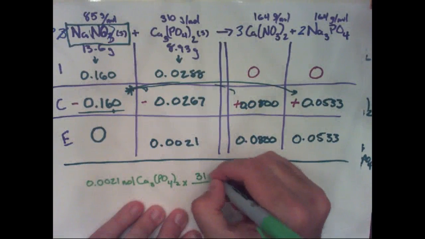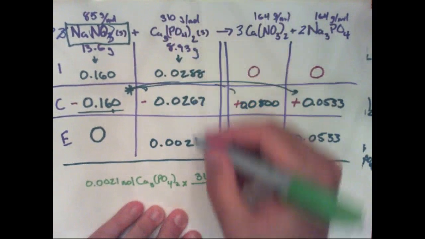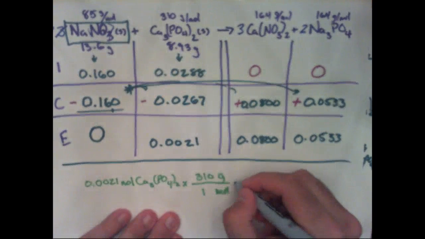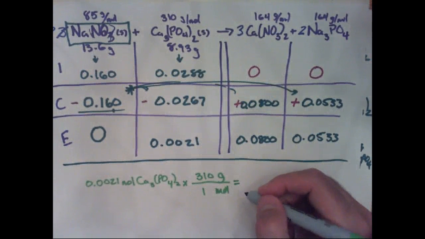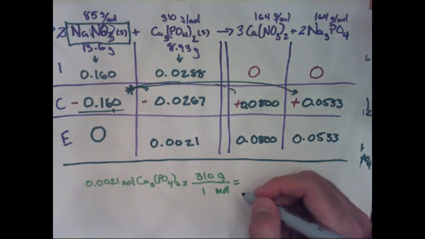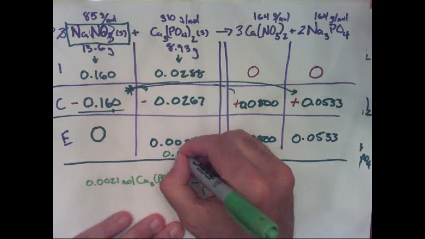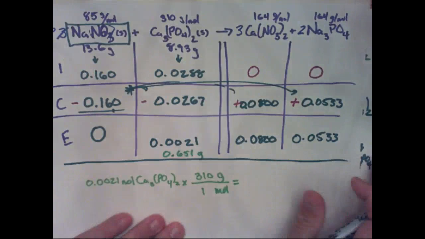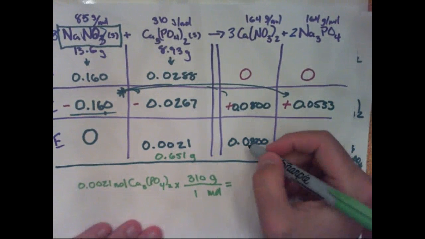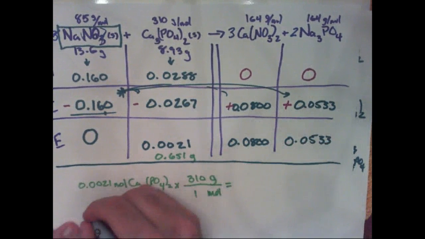And so we have 310 right here, 310 grams for every 1 mole. And that's going to equal, let's see, 0.0021 times 310 equals 0.651 grams.